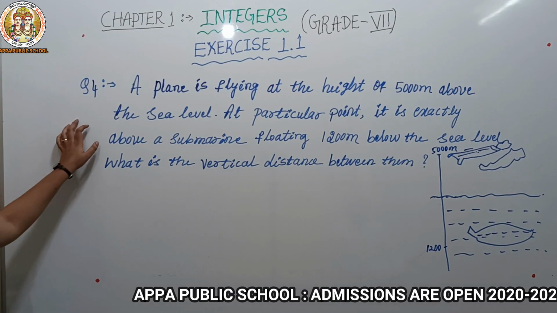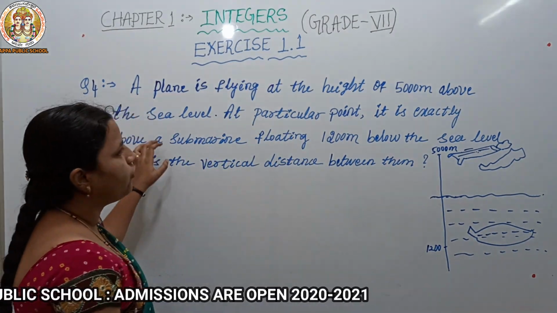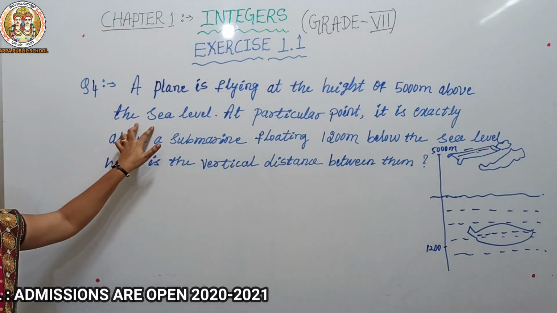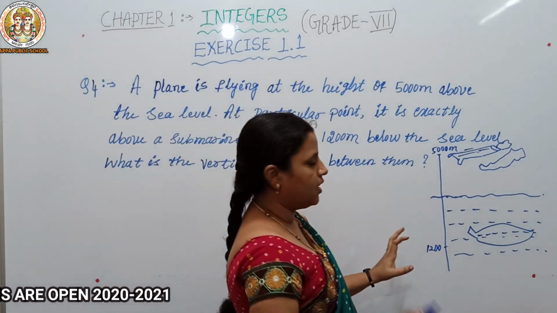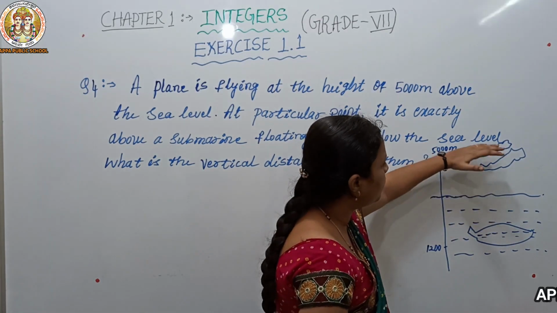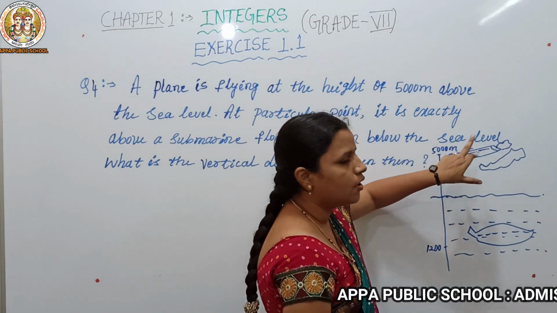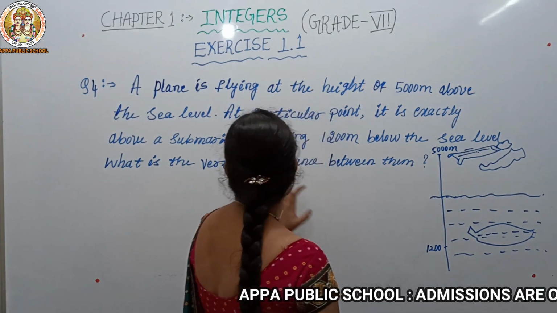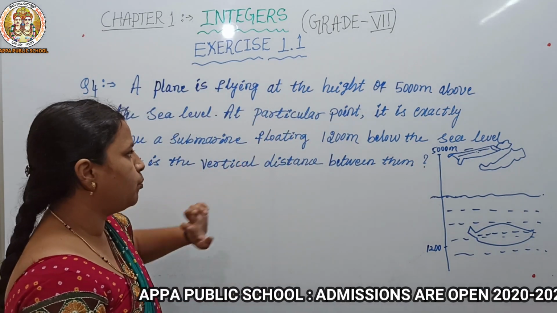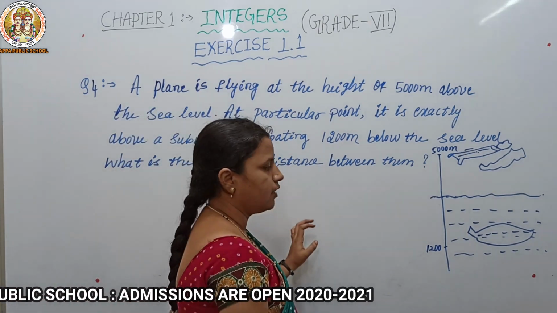The next, fourth question is: a plane is flying at a height of 5000 meters above the sea level. See here the figure, this is the sea. The plane is flying above the sea level at a height of 5000 meters. At a particular point, it is exactly above a submarine.